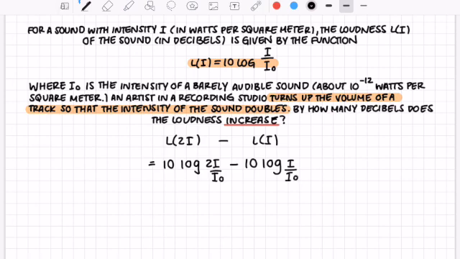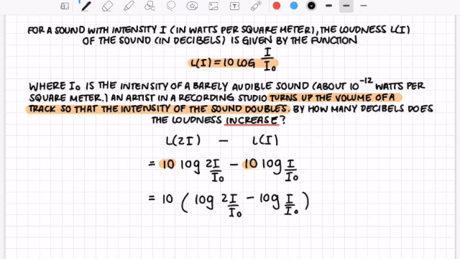Once I do that, I see that I could factor out the 10 from both of these terms. So I will put the 10 on the outside, and on the inside I'll leave log 2I over I-O minus log I over I-O.